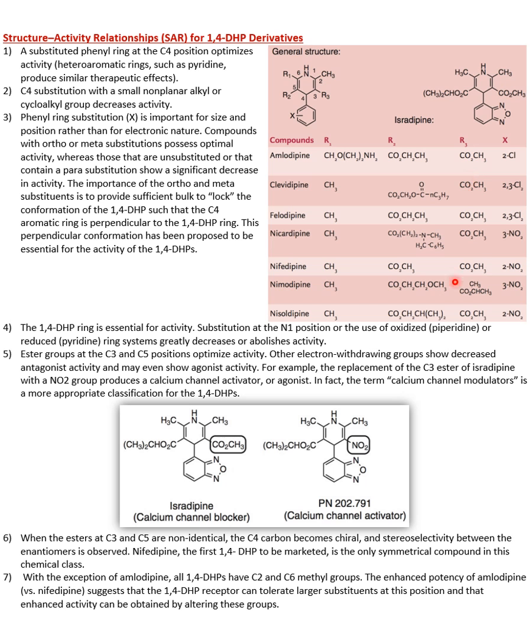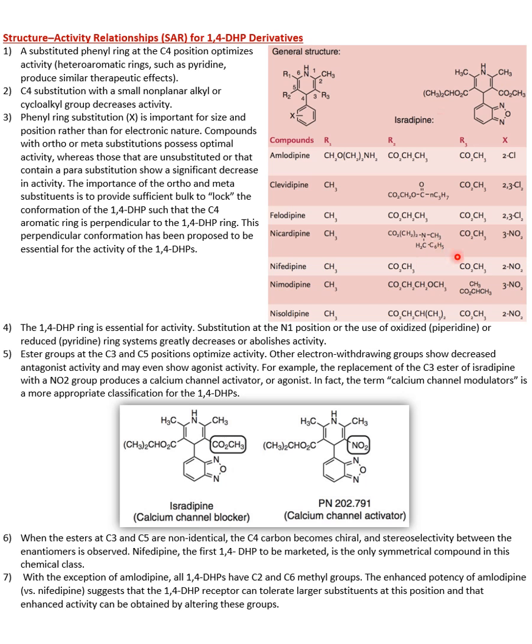In fact, these drugs could become an agonist. They could activate the channel instead of blocking it. That's why this class of medications should be better called calcium channel modulators, because depending on the substitutions at R2 and R3, these products could be an activator or an inhibitor of the channel.